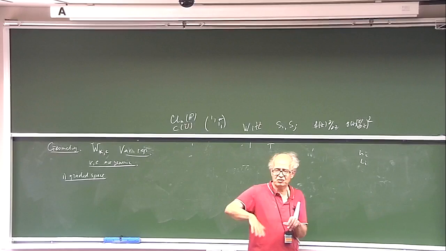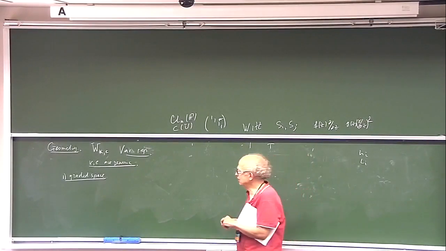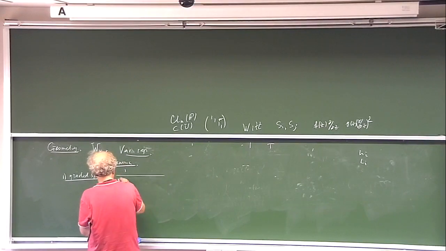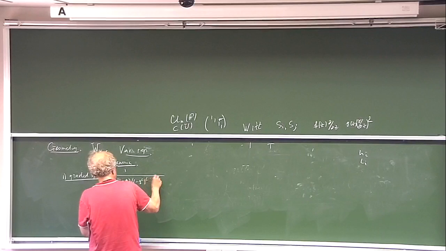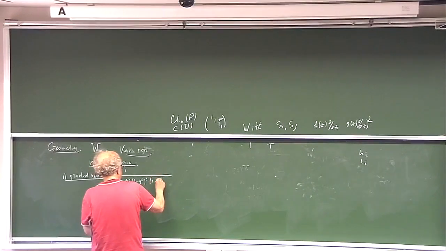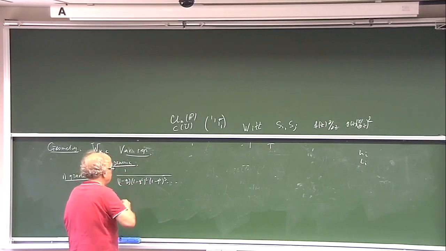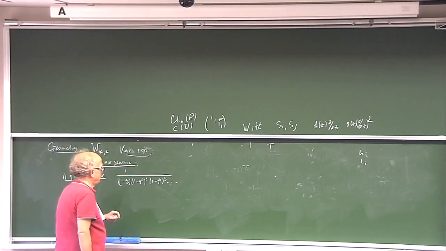Because of this, the representation also has a grading. And the character of this graded space is what? It is 1 over (1 minus q)(1 minus q squared)(1 minus q cubed) and so on. So it is given by the famous MacMahon formula.